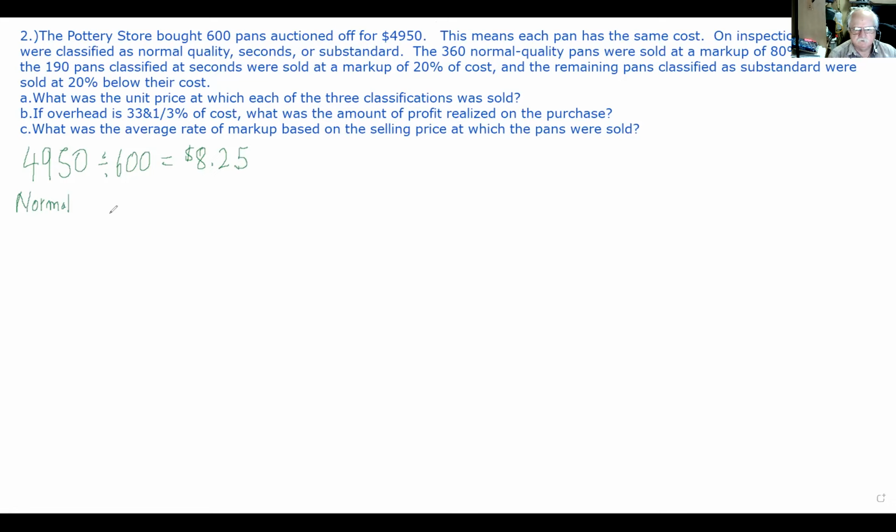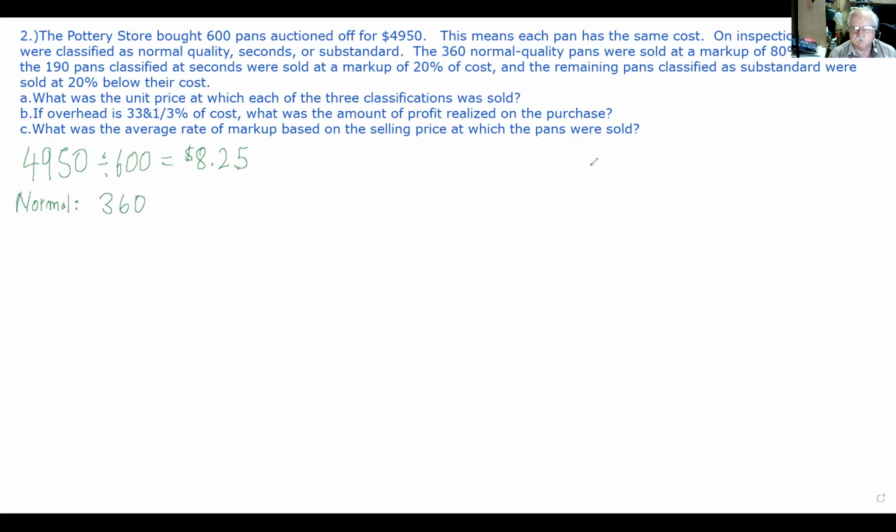Okay, so you can all see the whiteboard, hopefully. So we'll look at the normal, and they told us there was 360 of them. So 360, and they were sold at a markup of 80% of cost.